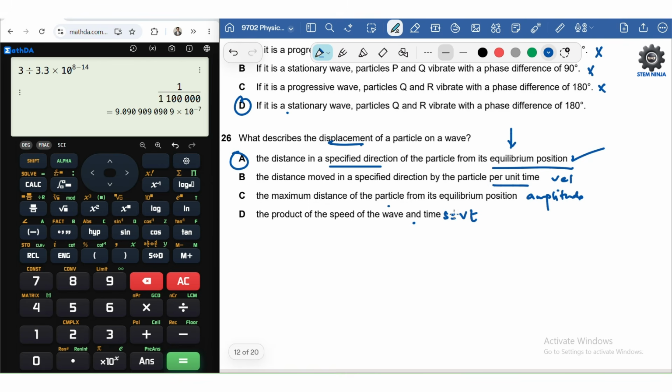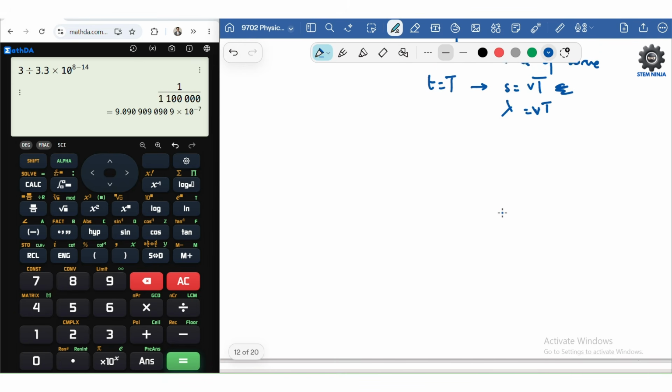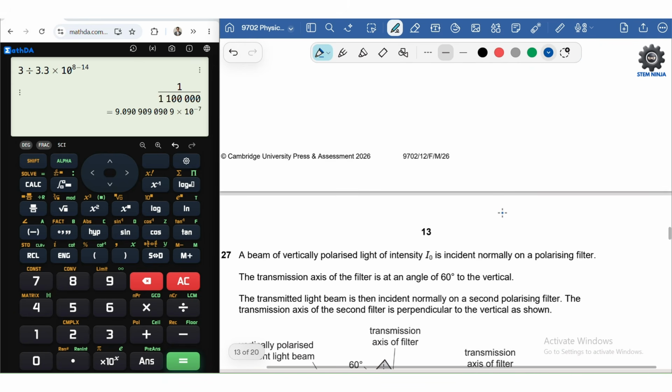It's not going to give you displacement of the particle. So for example, when t is the time period, your s is going to be v times t, which is equal to lambda. So in that case, it would be the distance covered by a wave.